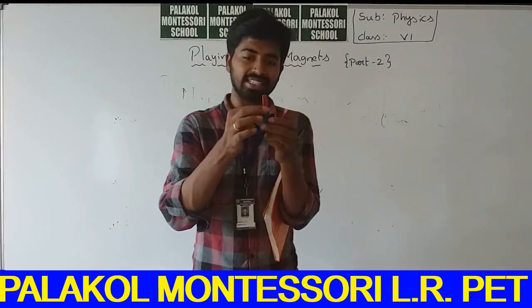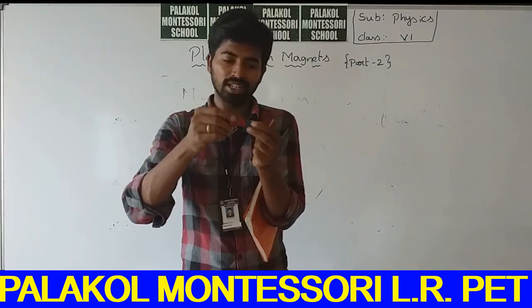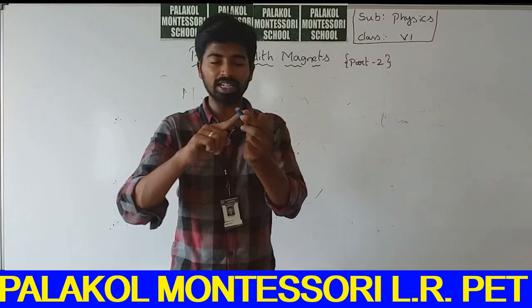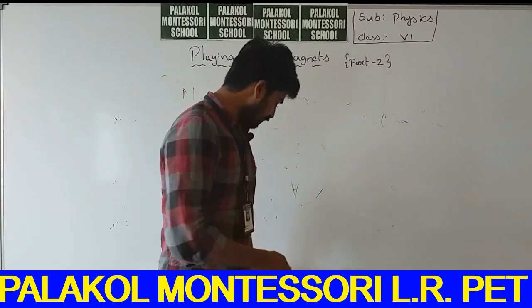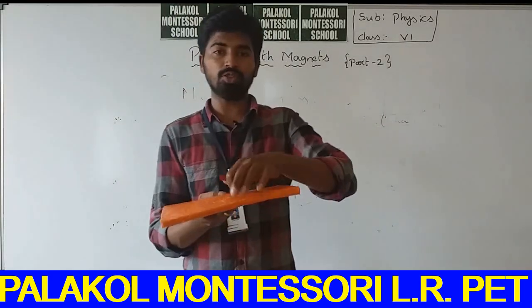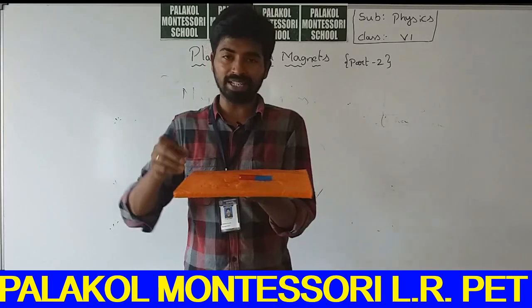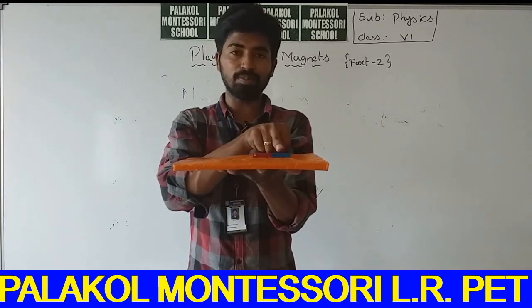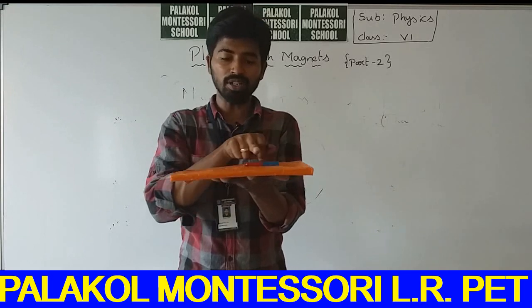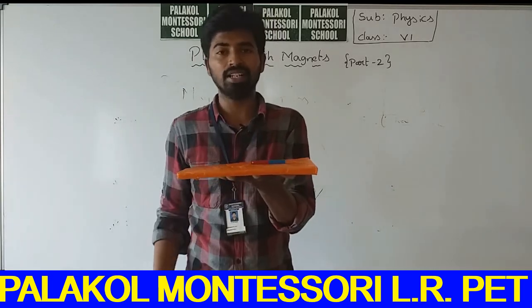The red colored part is the north pole and the blue colored part is the south pole. Let us place these two bar magnets on a plane surface.